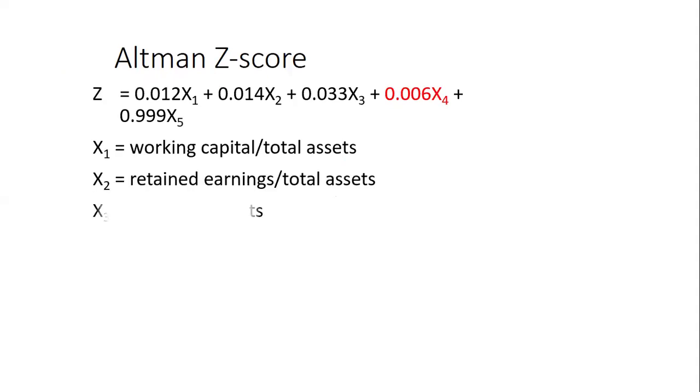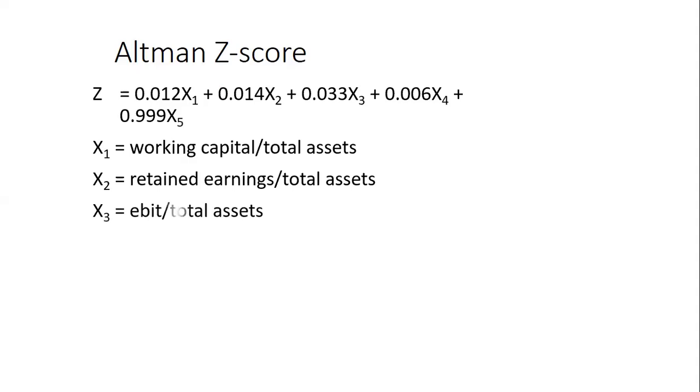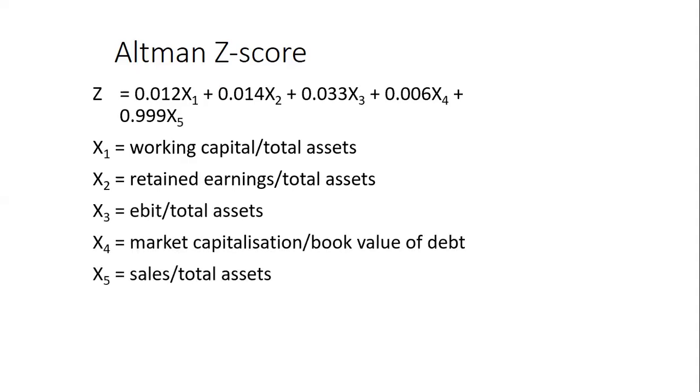I want to go to the last slide where it has the full formula. Okay, so the 5 ratios that they used were sales to total assets ratio, market capitalization to book value of debt ratio, earnings before interest and tax, which is the same as profits before interest and tax, divided by the total assets ratio, retained earnings over the total assets ratio, then working capital over the total assets ratio.